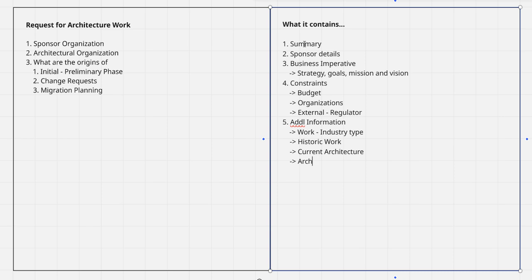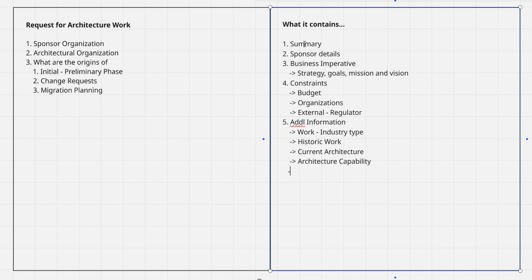When I say architecture capabilities, I mean whether they have a board of architecture or any solution architects. Do they have those skills? Those things will come into architecture capability.